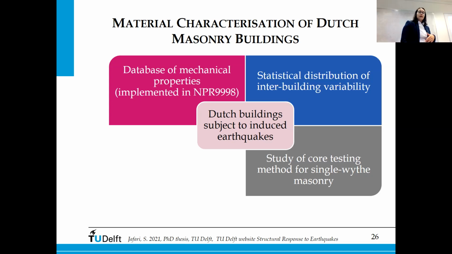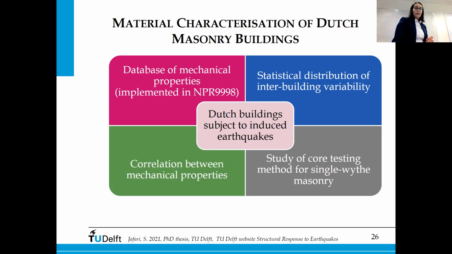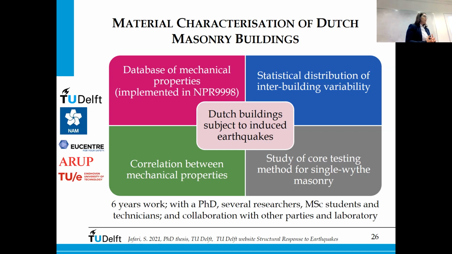We also derived curves for the statistical distribution of inter-building variability based on field-extracted samples, and tried to define correlations between mechanical properties. Of course, this was a huge effort and almost 6 years of work with different partners. If you want to know more, you can visit the website on structural response to earthquakes from TRIPLET.